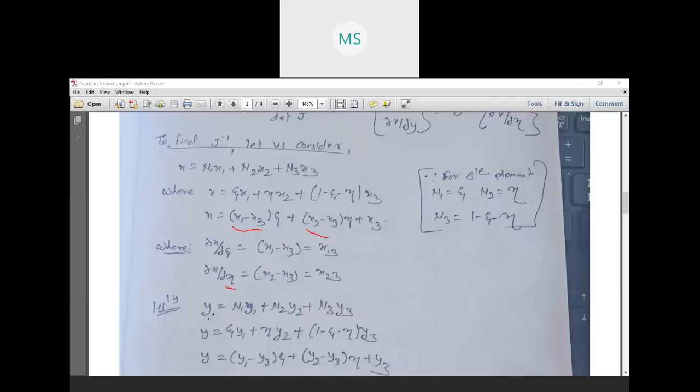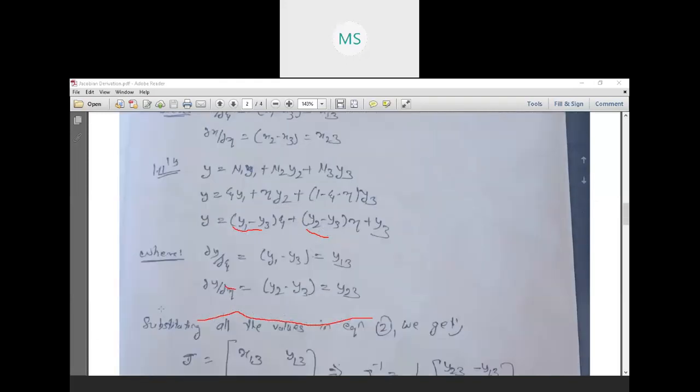Similarly, we go for y. Again we consider N1 y1 plus N2 y2 plus N3 y3, substitute the values and take eta and zeta as common. Again differentiating with respect to eta and zeta, we get the same thing. You can check here: del y by del eta equals y1 minus y3, and del y by del zeta equals y2 minus y3.